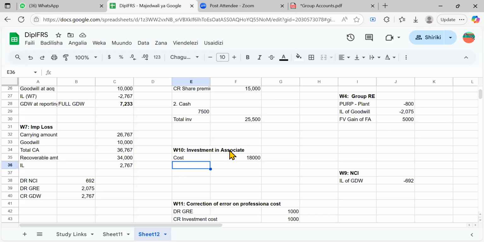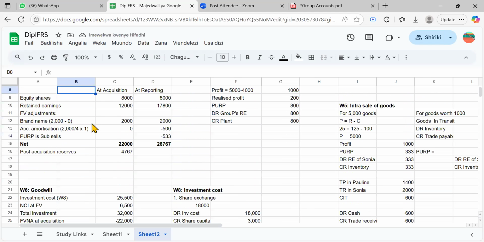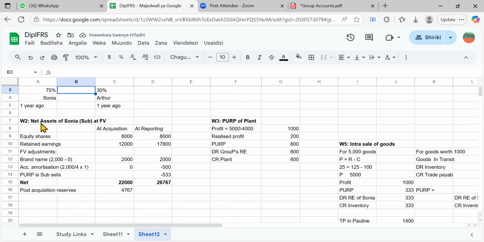No issues. We don't have to worry at all when dealing with the associates. So you just say 30% of what? I like to call it post-acquisition reserves, just like what we did with Working 2. Do you remember Working 2? Net assets.